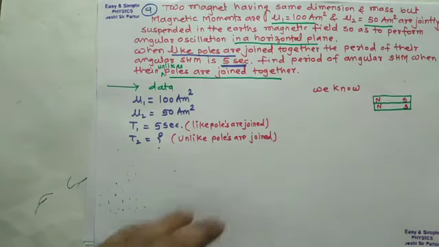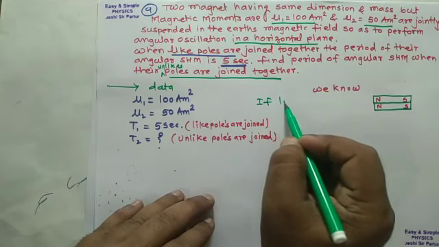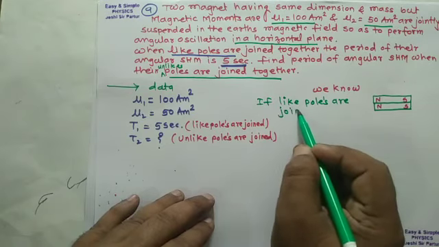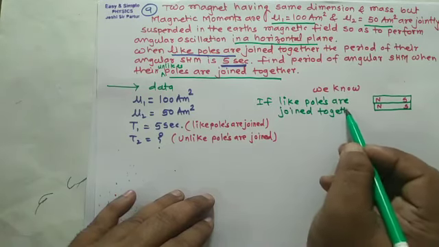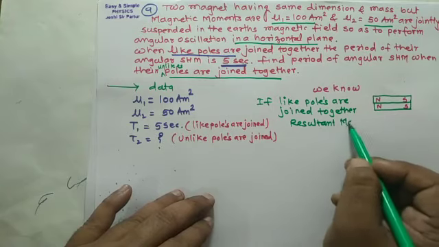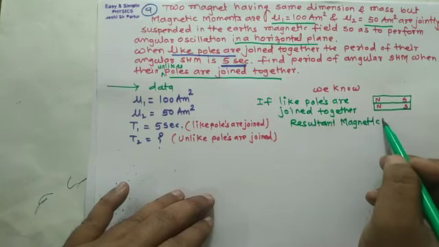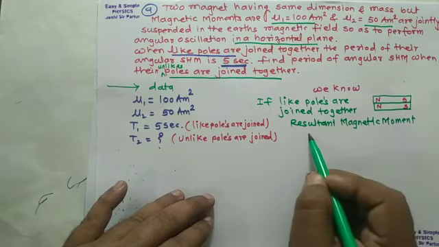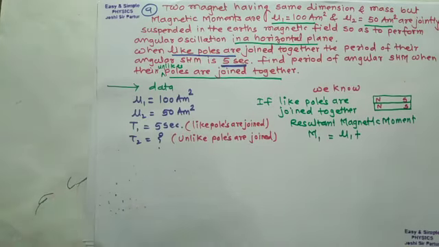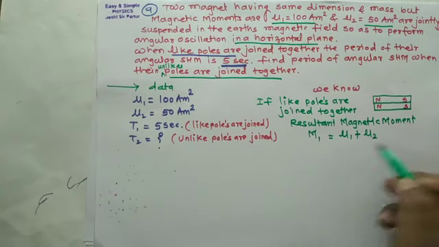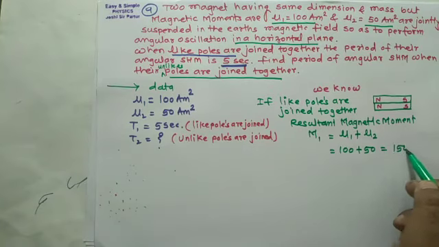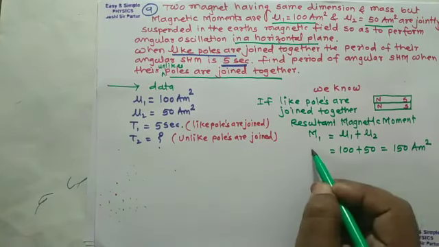If the like poles are joined together, then the resultant magnetic moment capital M1 will be mu1 plus mu2, that is 100 plus 50, equal to 150 ampere meter square.